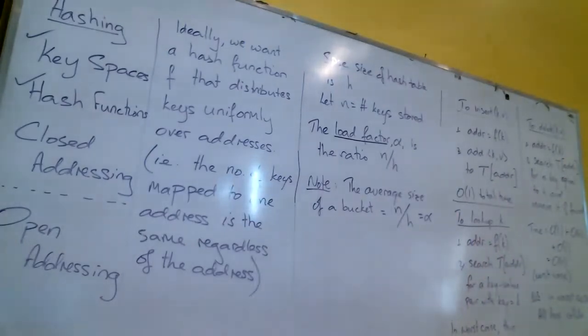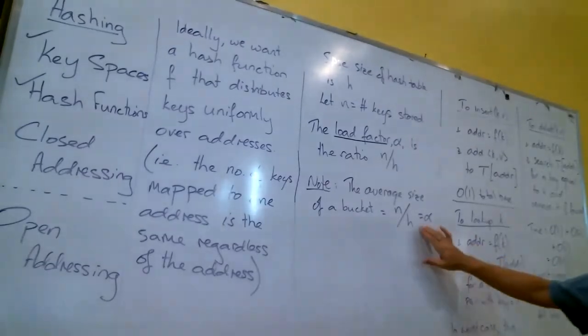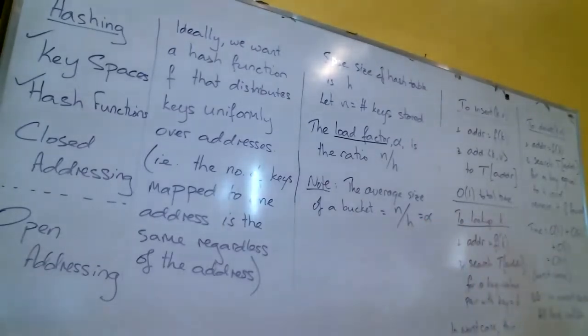Now, if you can anticipate this, so if you know ahead of time, I know what my size is, I know how many keys to expect, then you can design your hash table to try to accommodate it. Now, why is this important? This then becomes the actual cost for your lookup and your delete on average.